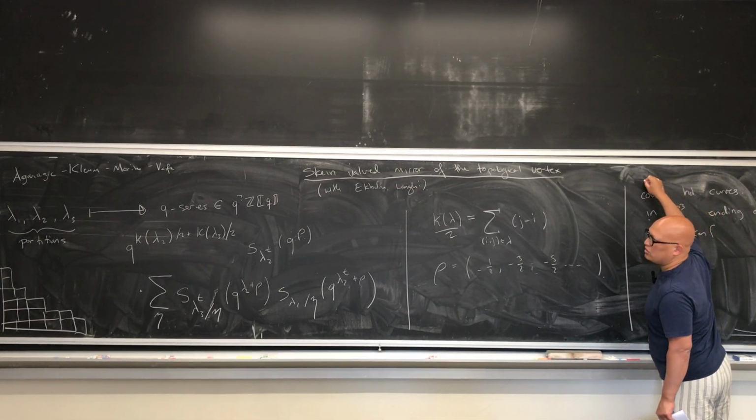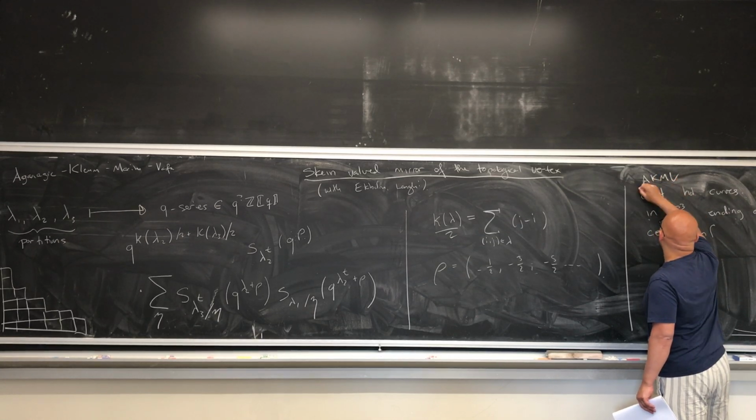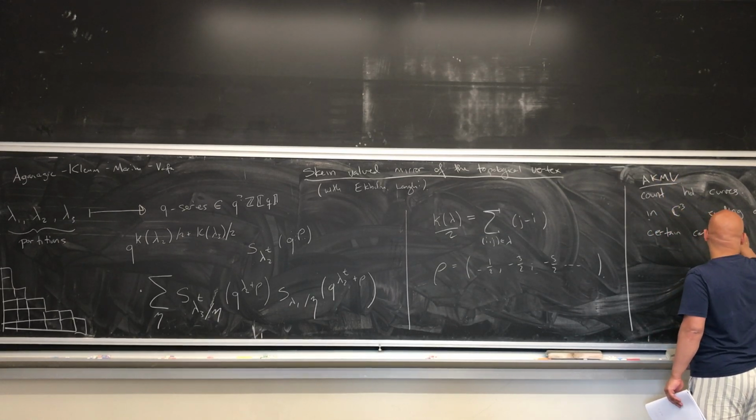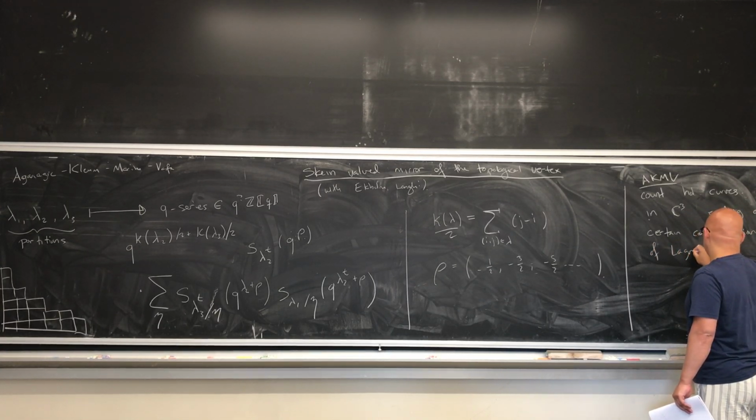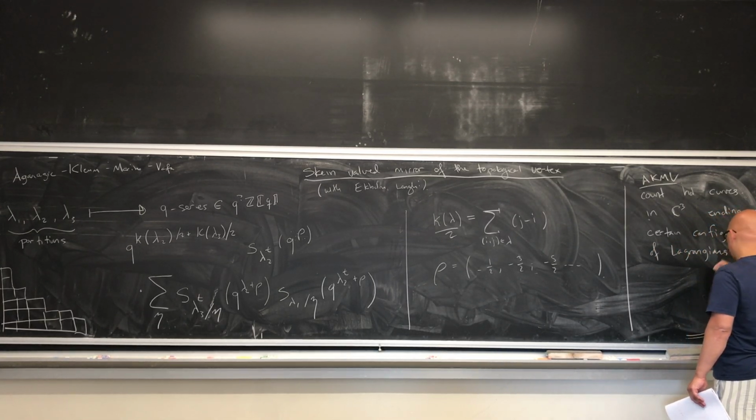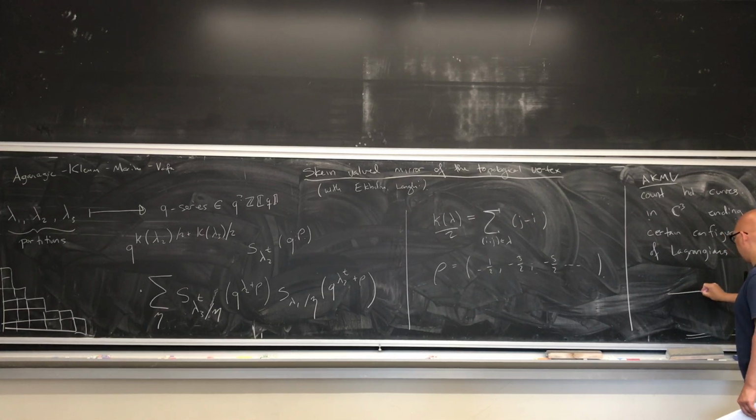So this was the original AKMV configuration of Lagrangians. In terms of toric diagrams, I draw something like this. And they use it as some building block for computing open string theory in toric Calabi-Yau.